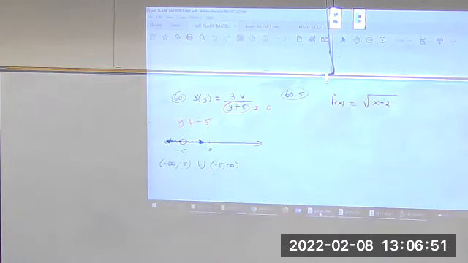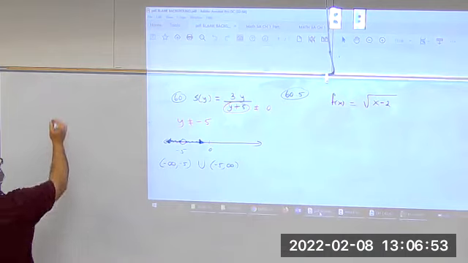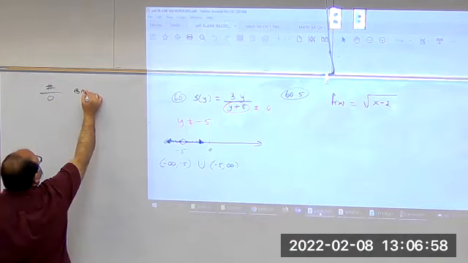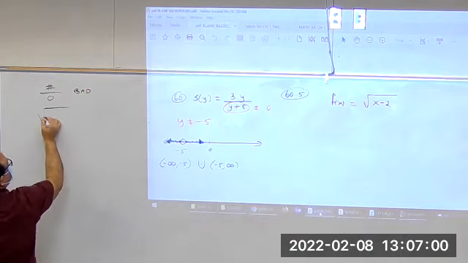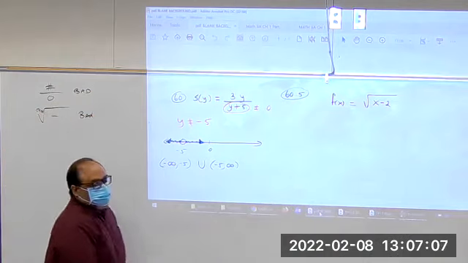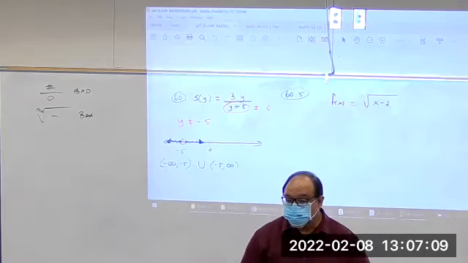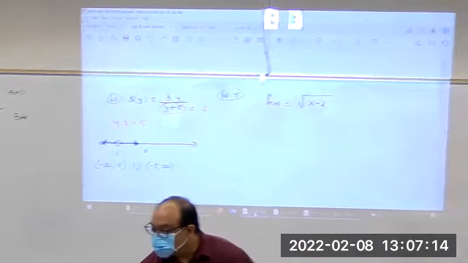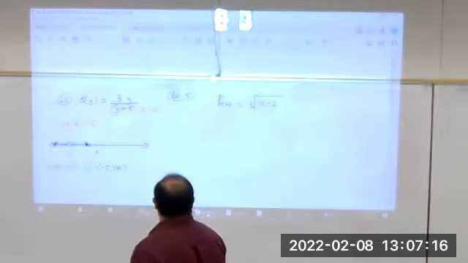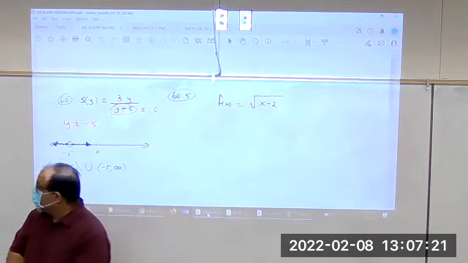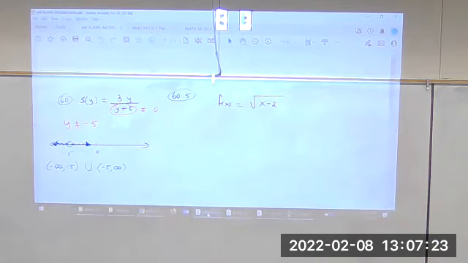Now, what causes square roots to go bad? I've erased it. You can't have a number over 0. Bad. You can't have the square root or an even root of a negative. So inside there, x minus 2 better not be a negative number. But this one requires a little more thought, especially when you see something like 62.